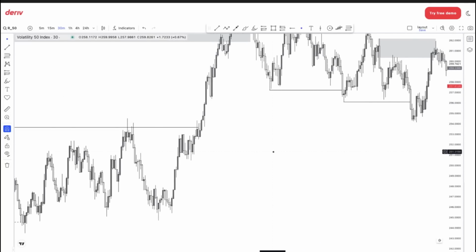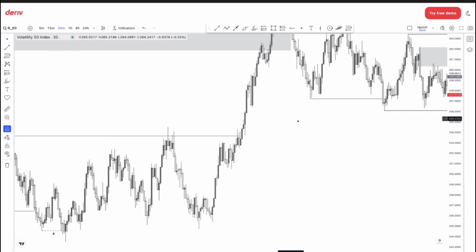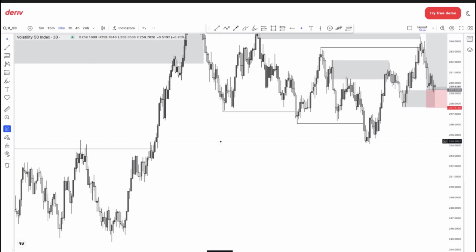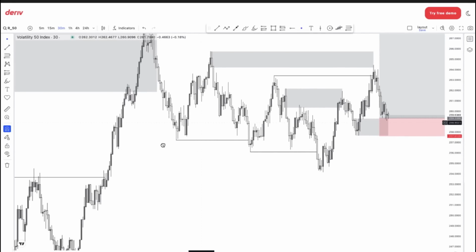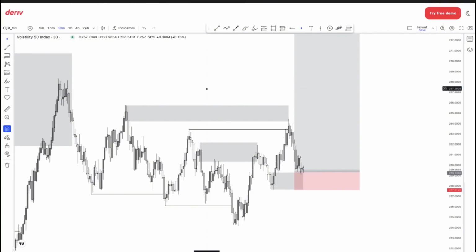Yes, I am looking at internal structure, but the logic is still the same, because whether you regard this as internal structure or swing structure, we want to be looking for some buying opportunities right now. The only time that we can look for buying opportunities is if price ends up taking out the most recent high. As you can see, price has taken out that most recent high to show us that the buyers are now stepping into the market.